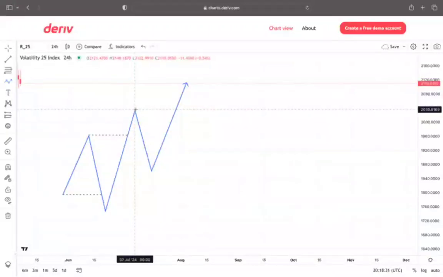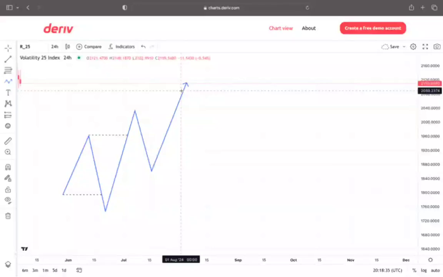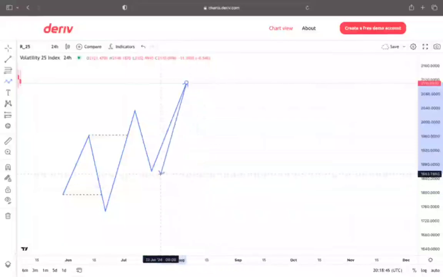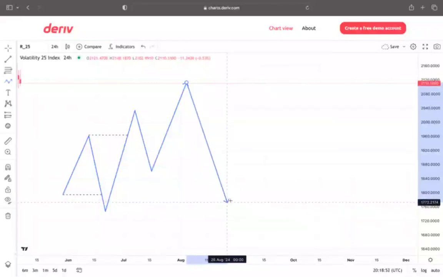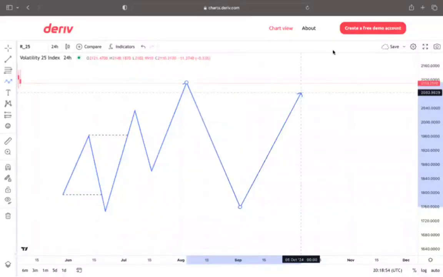Price must retrace back and create an inducement, and price must come back to take out the inducement, and then you might tap into your POI and it will buy.